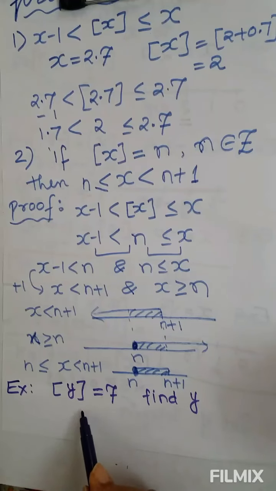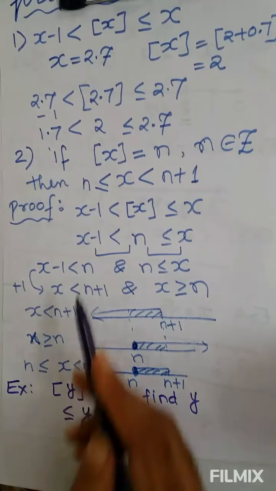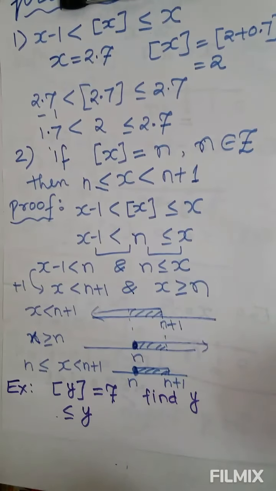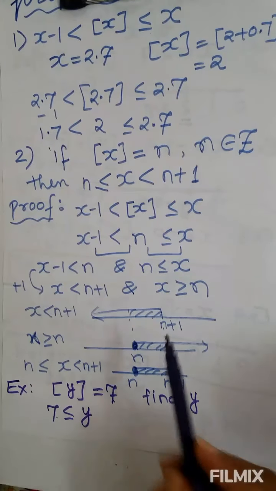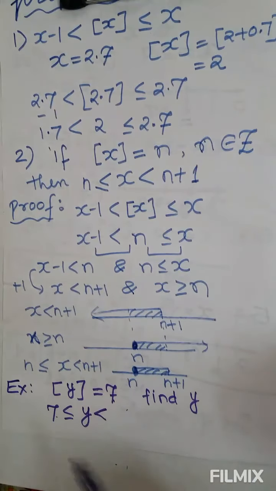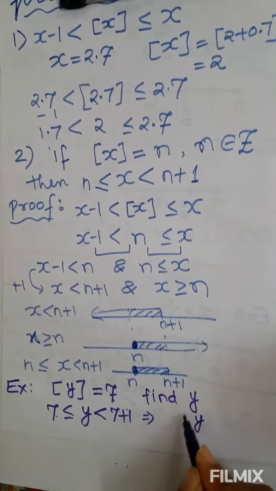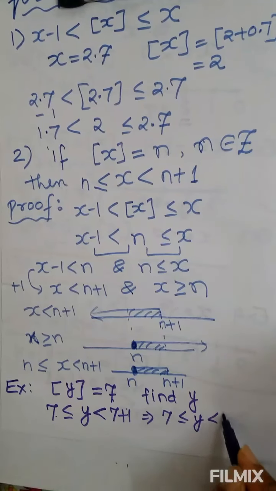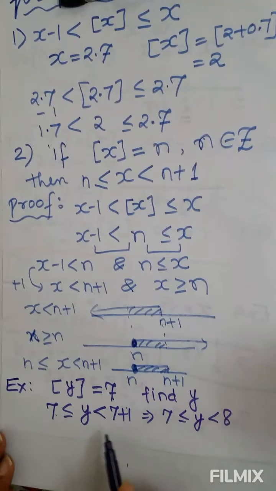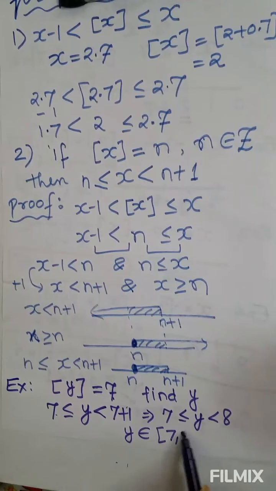Here n is 7, so we write n equals 7, and instead of n plus 1, we write 7 plus 1. It gives the answer y from 7 to 8. In interval form, y belongs to the closed interval 7 to the open interval 8.